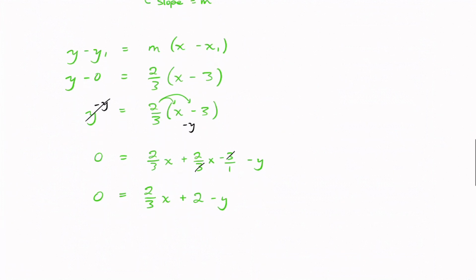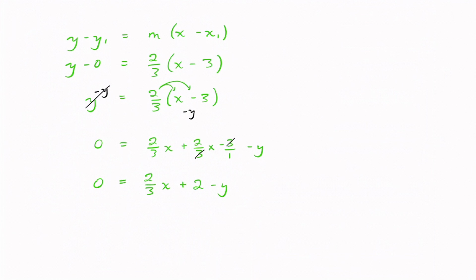And then our general form, we can't have the fraction in front of the x, and we also like to have the y in second place. So first I'm just going to move the y over. So we got 2/3 x, and then it's going to be minus y, and then plus 2. So when you move the y just over to here, it didn't move to the other side, so it doesn't change sign. If you just move it over to somewhere still on this same side, it still keeps the same sign, so it's still minus y.